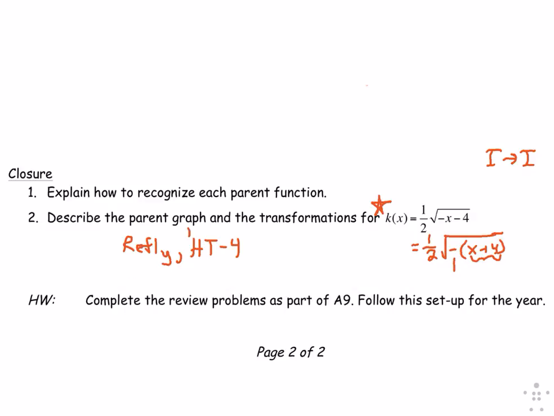So really the order kind of would be this, then this. And then lastly, we hit the outside, and that's a vertical compression by 1/2. That would be the last thing to really hit the problem. So the parent graph is square root, and then we describe the transformations.